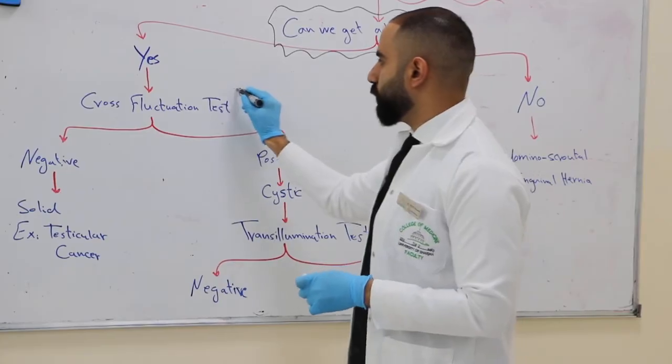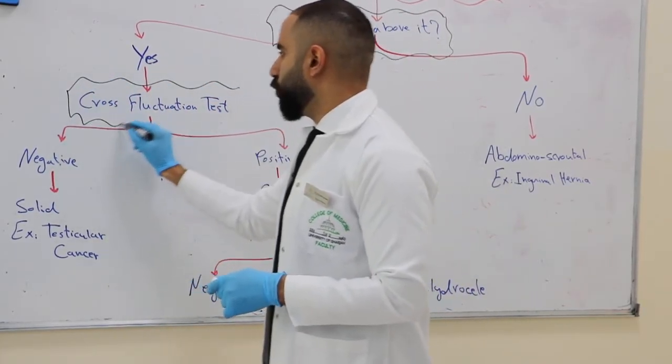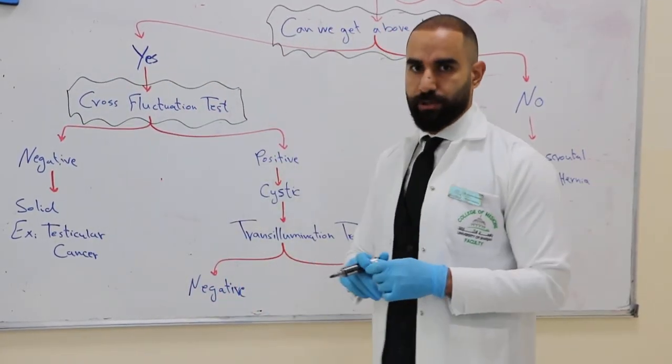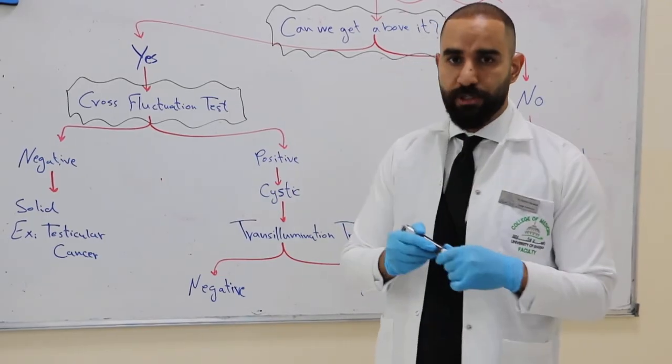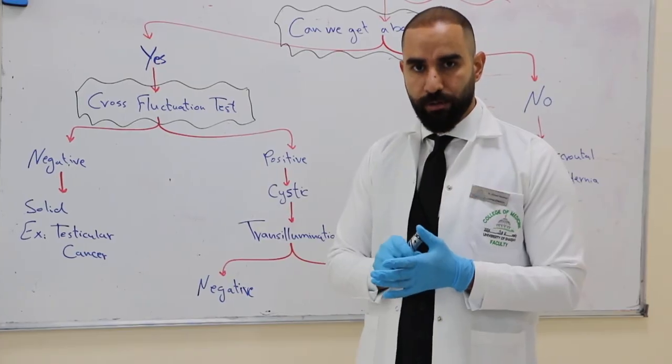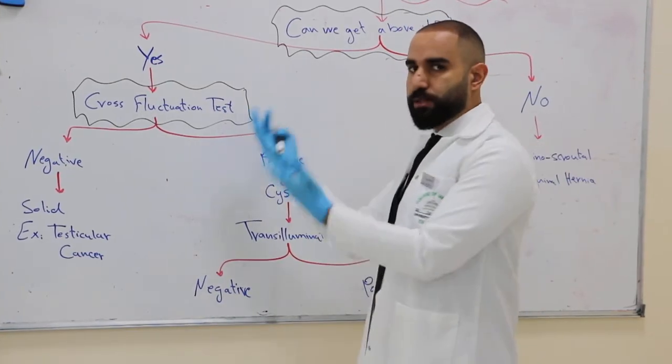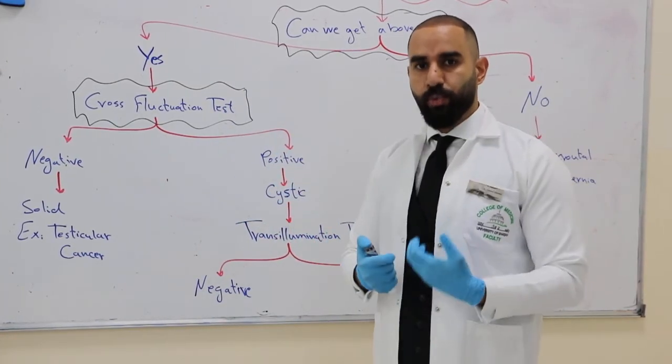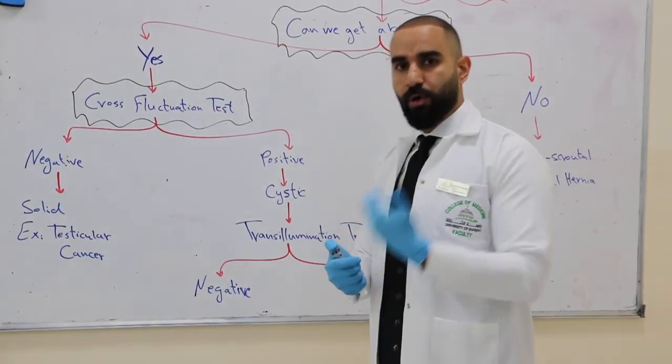So we will do the second test, which is called the cross fluctuation test. Now the cross fluctuation test, this is very simple. This test actually is testing for a fluid. Now, we said this is an intrascrotal swelling. So is this swelling solid or cystic?